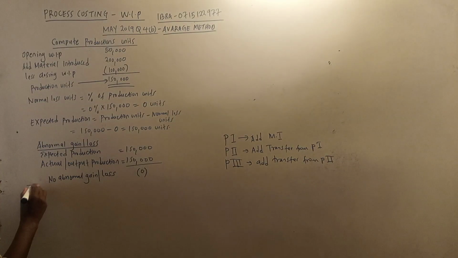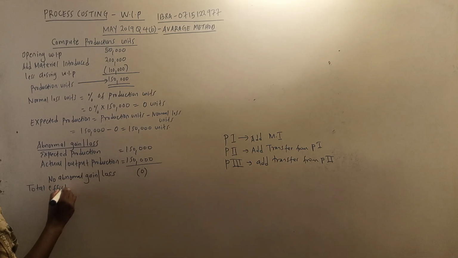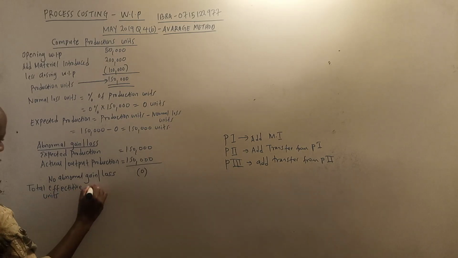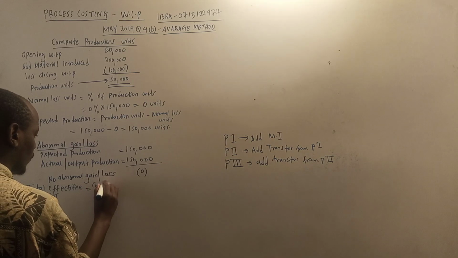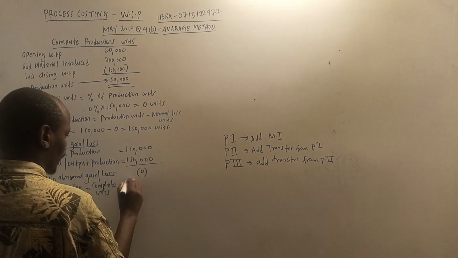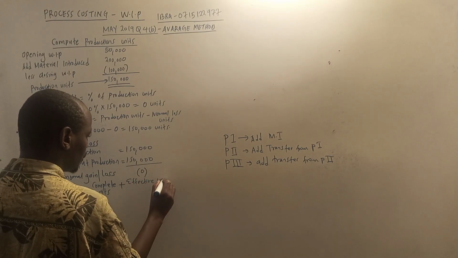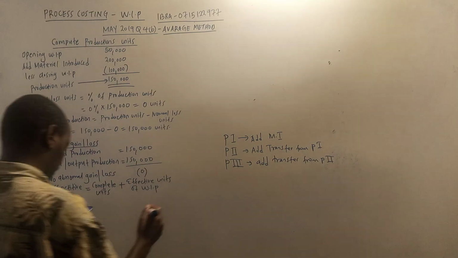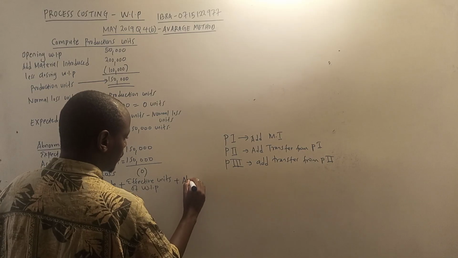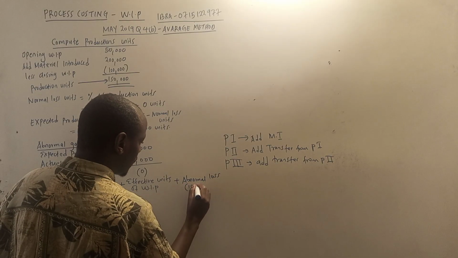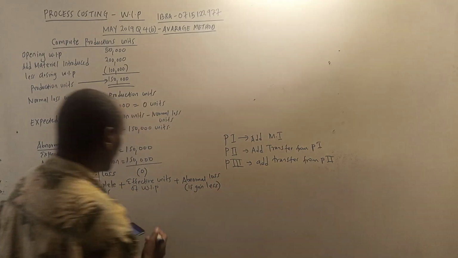So this is the formula. Total effective units: you take the completed units, you add effective units of work in progress, then you add abnormal loss.